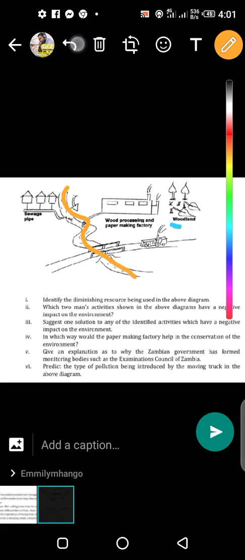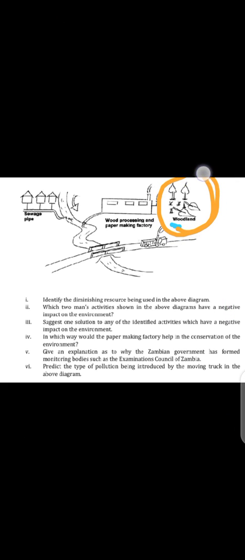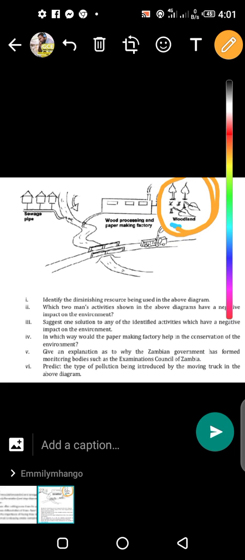So, if we answer this question, which two activities shown in the diagram have a negative impact on the environment? The first one that has a negative impact is the cutting down of trees. When trees are cut, there's a negative impact.